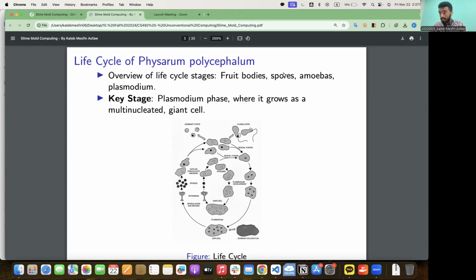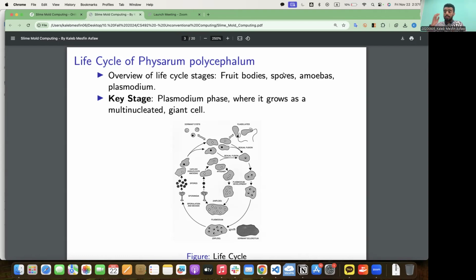It has many other stages, like reproducing by spreading spores around it, just like any other single-cell amoeba. But there's a stage where it diffuses its nuclei. A nucleus is just one of the organelles inside a cell. Then there's the stage called the plasmodium stage. It's kind of the same stage as amoeba, the parasite that we know.